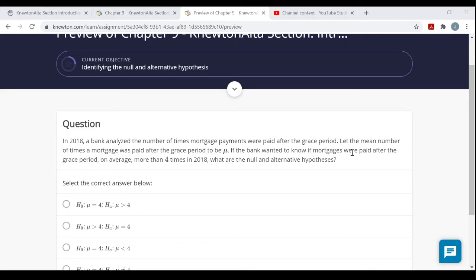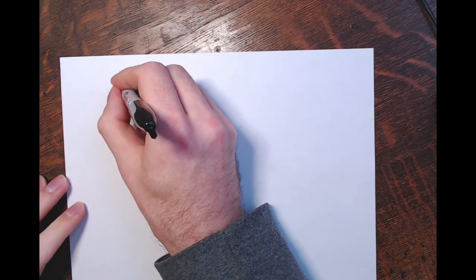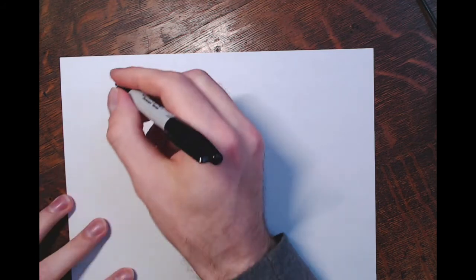I'm going to pull out a piece of paper here. Now, mu was this average number of times a mortgage was paid after the grace period. And they said the bank wanted to know if mortgages were paid after the grace period on average more than 4 times.